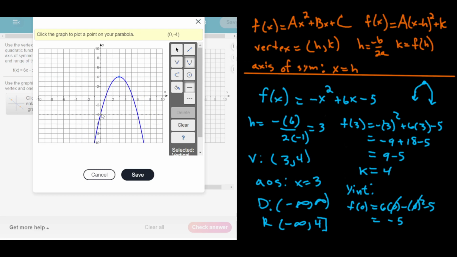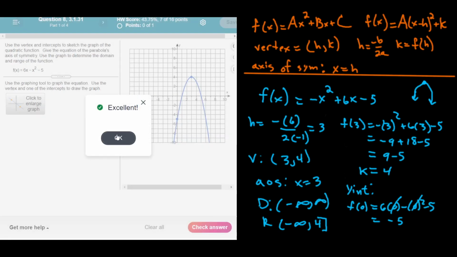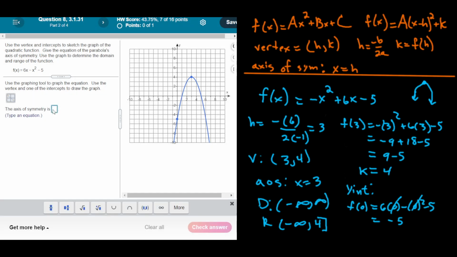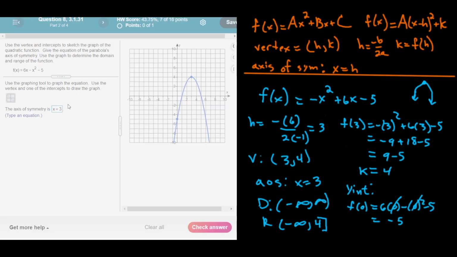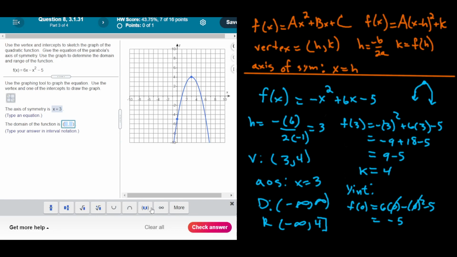Y-intercept is negative 5. Go straight to the negative 5 on your y-axis. We're done there. Excellent. Oh, no. Continue. Axis of symmetry. X is equal to whatever your h is, which is 3. Domain. This is negative infinity to positive infinity.